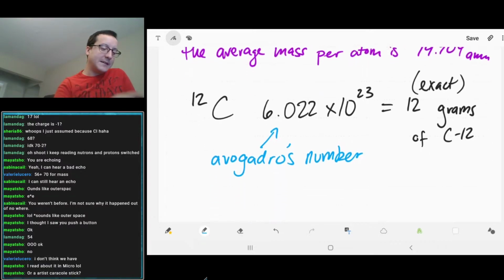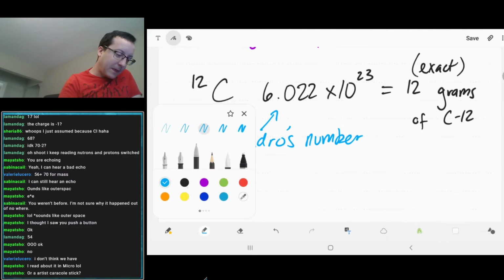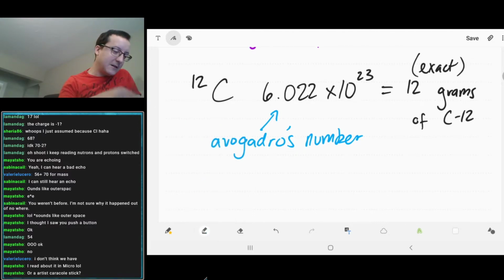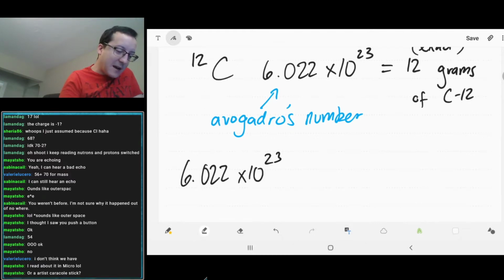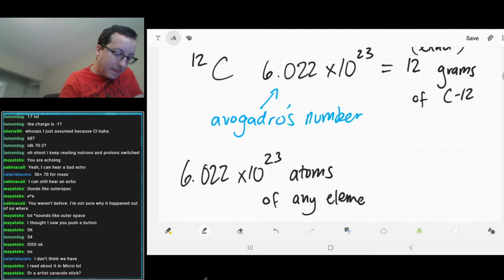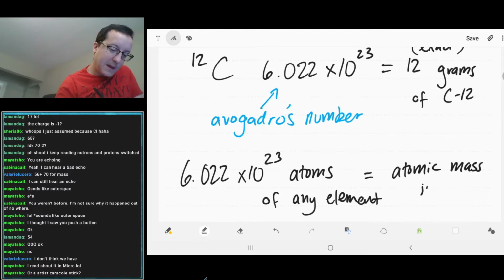So we're going to see that by contrast, 6.022 times 10 to the 23rd atoms of any element is going to be equal to the atomic mass of that element in grams.